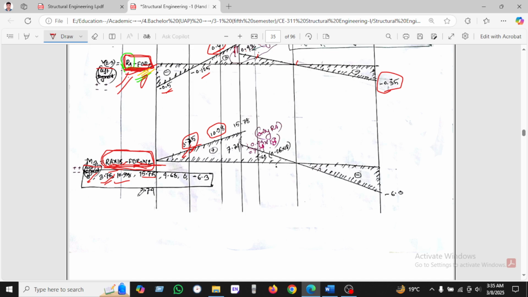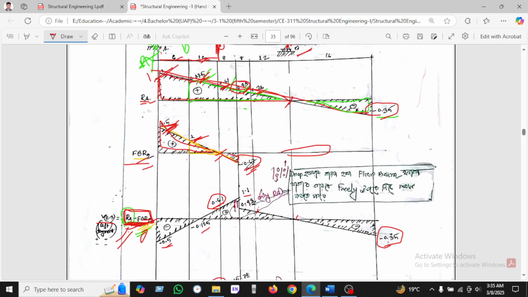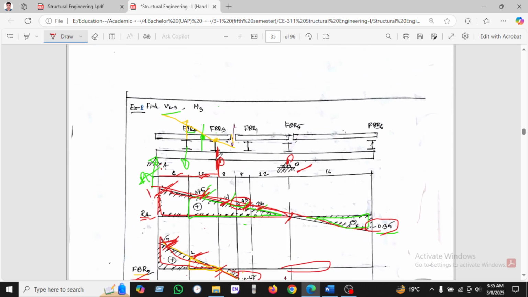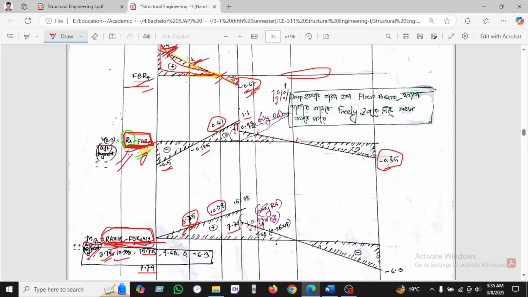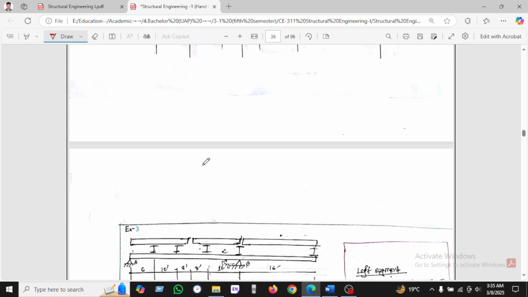And how will we get the 7.75? We just use the value of RA. Here we have seen 0.43 into 18, then it will be 0.43 into 7.74. This is only for the floor beam. In this way we will draw the reaction.